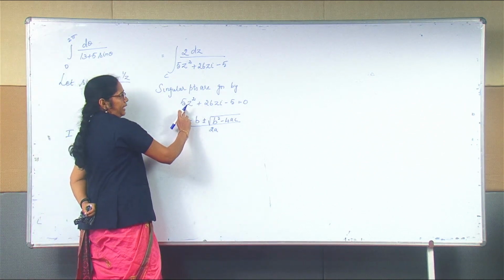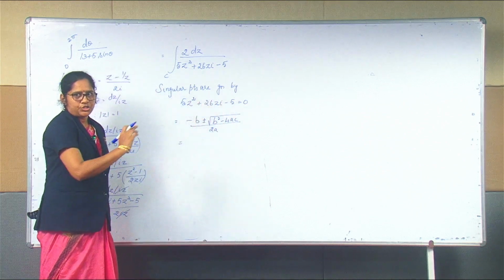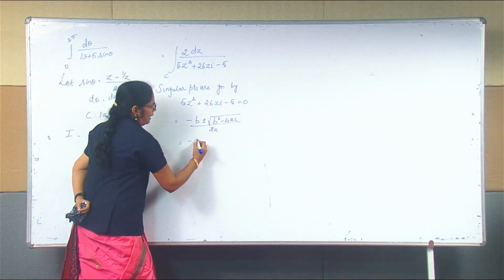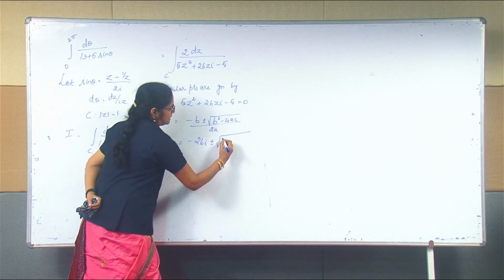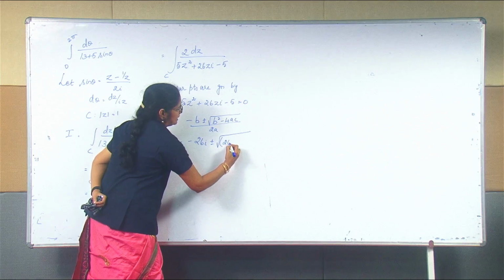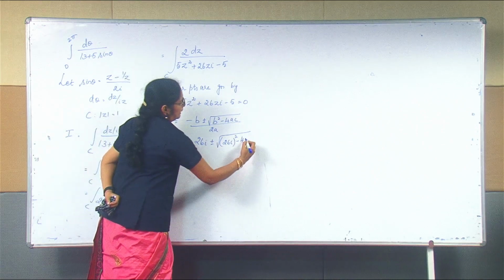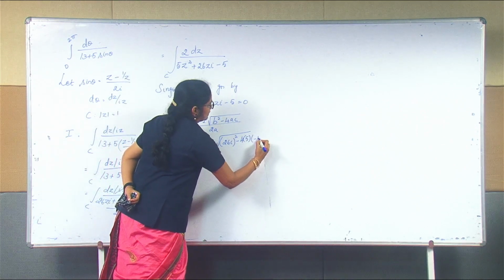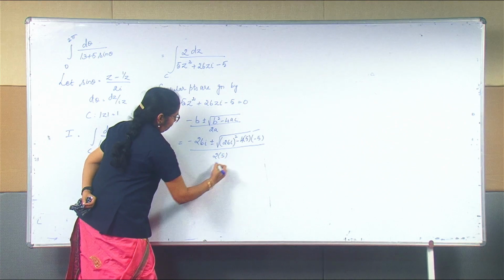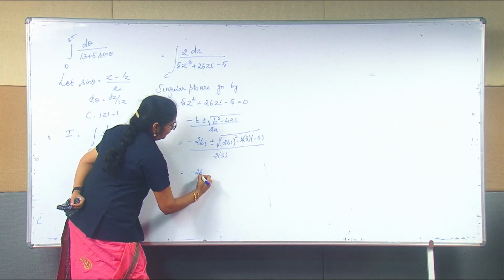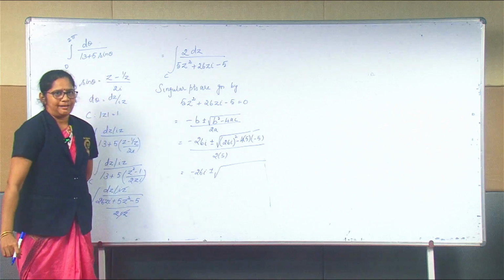Here a is 5, b is 26i, c is minus 5. We just need to replace. So minus 26i plus or minus root of b square, that is 26i the whole square, minus 4 into a, which is 5, into c, which is minus 5, divided by 2 into 5. So minus 26i plus or minus, what is 26 square?